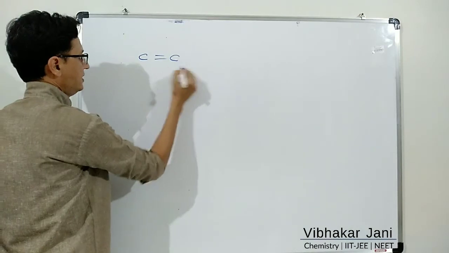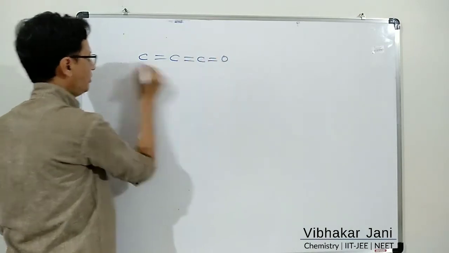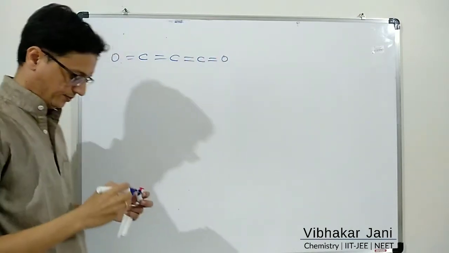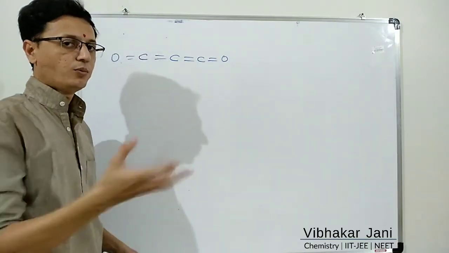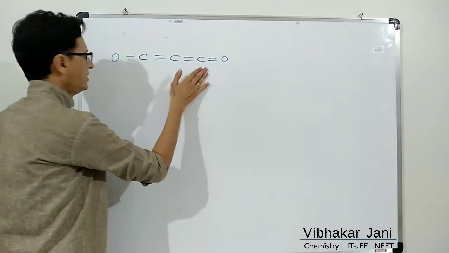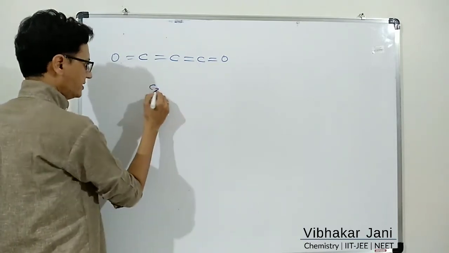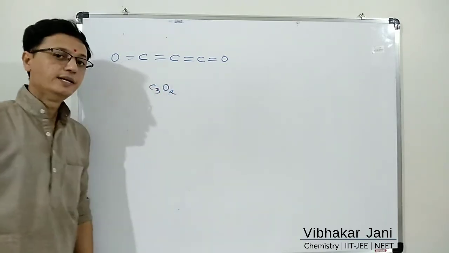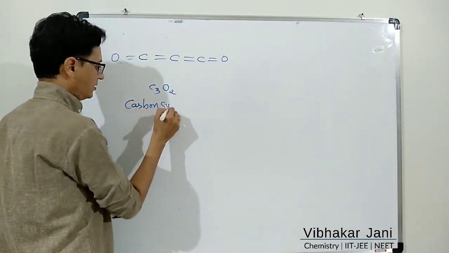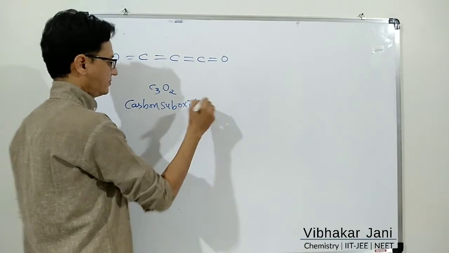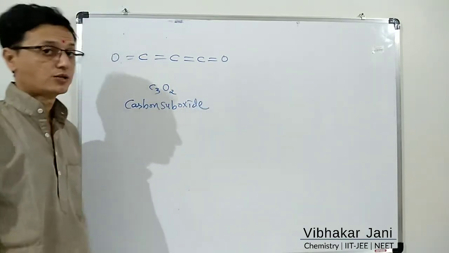C double bond C double bond C double bond O, double bond O. If you want to write the formula for this compound, then it will be C3O2. The name of this compound is carbon suboxide.